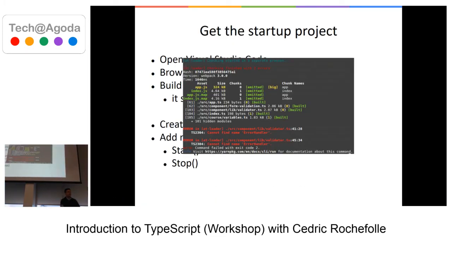Then I need to go back to here. So it's saying in the class validator here, it cannot find the name error handler, which is kind of the error we used to have when we didn't export our car class, right? So now we should be able to address that.